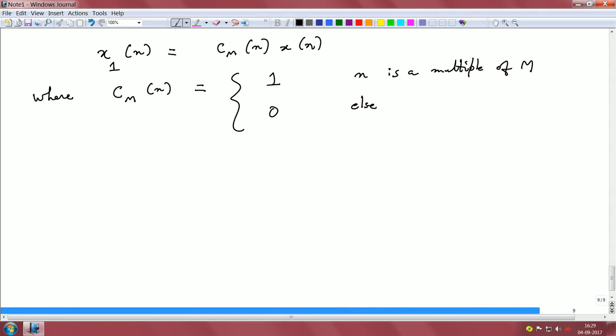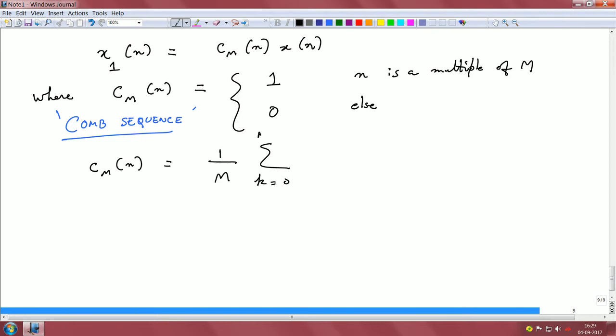Still it is like an if else statement, we think it is not simplifying, but here is an important relationship: the exact definition of this comb sequence can be written in this form, which links the mth roots of unity as follows.